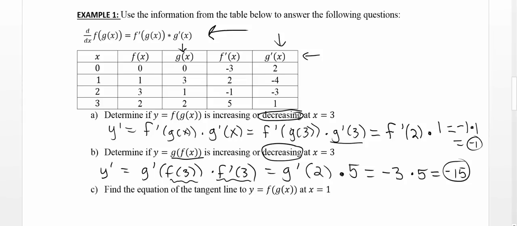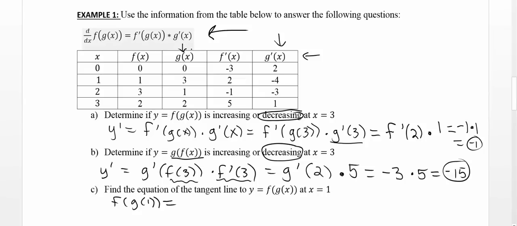Part C. Find the equation of the tangent line to y equals f of g of x at x equals 1. So remember, when we want to find the equation of the tangent line, we need a point and a slope. The way that we get our point is by plugging our x value into the function to get the corresponding y value. So that means we need f of g of 1 to get the y value for my point.